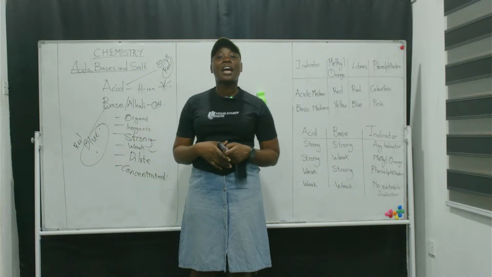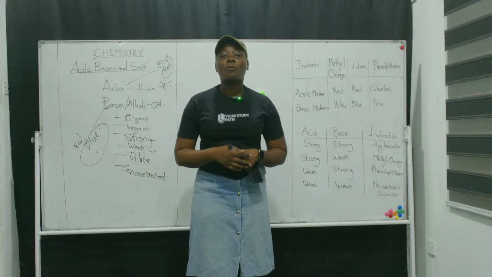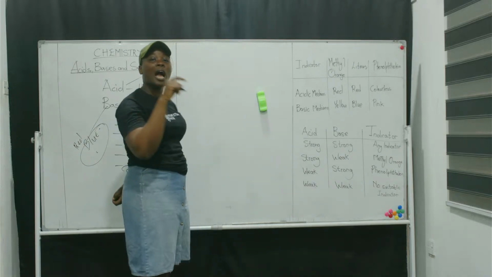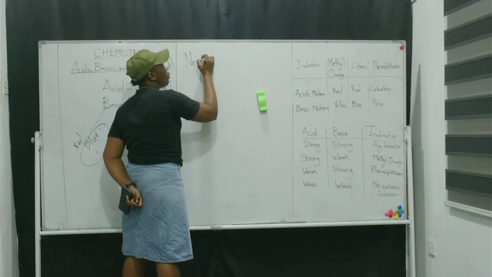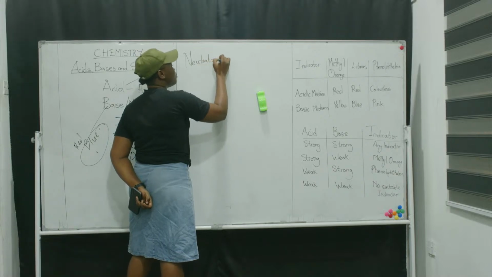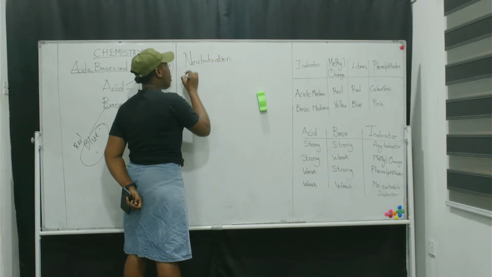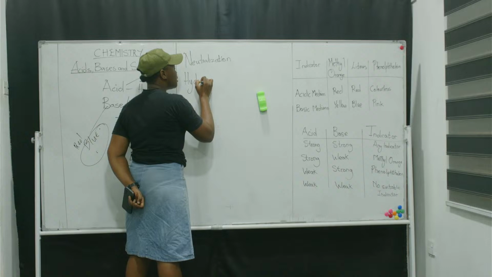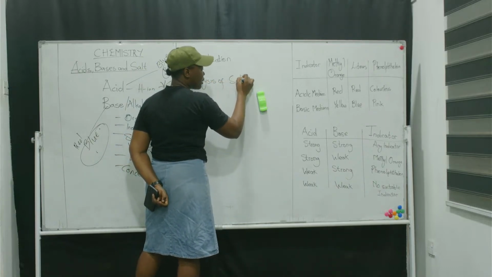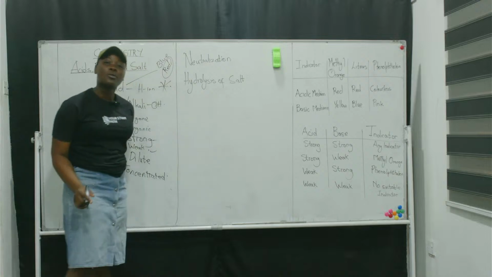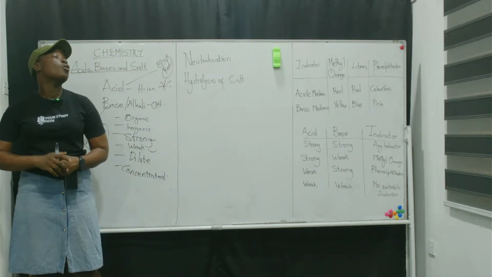We talked about reacting with metal, right? And we also made mention of a particular reaction known as neutralization reaction, and also hydrolysis of salts. All of this recap is so that when we start solving past questions, you'll be able to follow.